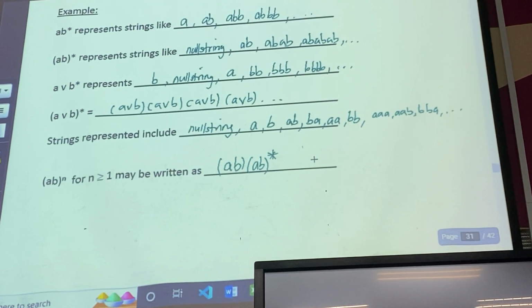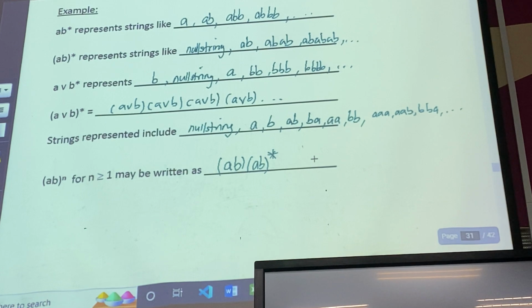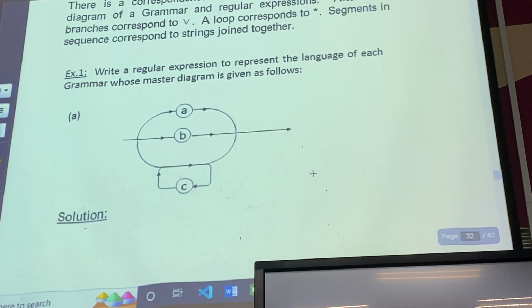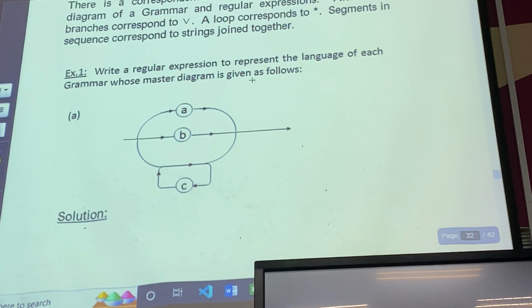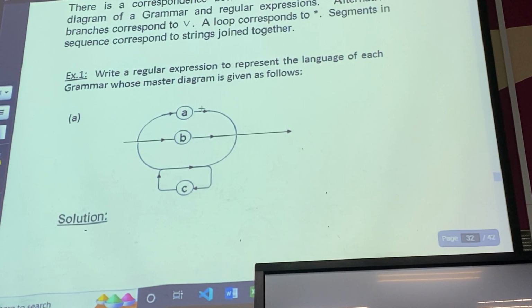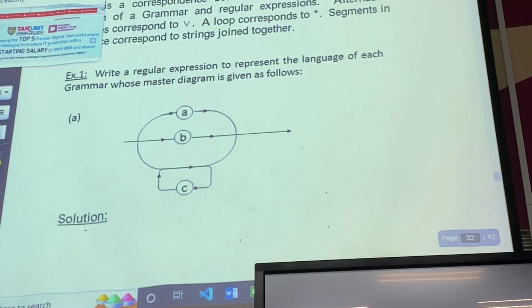Okay, any question for this? Now, if no question, this is the part where you write the regular expression. See this diagram. This is considered as the master diagram. From the master diagram here, they ask you to write a regular expression to represent the language of the grammar.